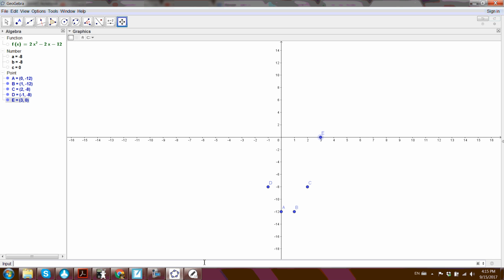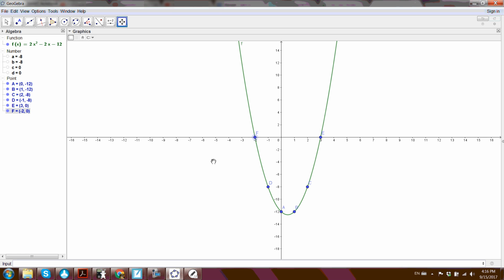Hopefully you're thinking it's negative 2. Let's confirm that. F of negative 2 is also 0. So that means that (negative 2, 0) is also on this graph. So the graph looks like this. Boom. There's what the graph looks like.